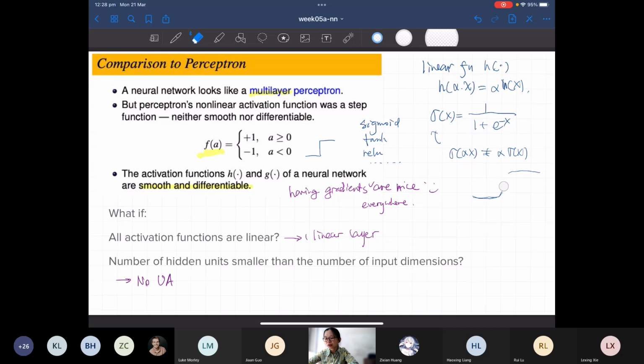There is a region in the middle, sometimes called a linear region. Basically, they can be approximated reasonably well with the tangent line in the middle region, and the function value does change in here. So we want to be in this middle region and not on the tails, as we will see later today. I hope that answers Jinhong's question.